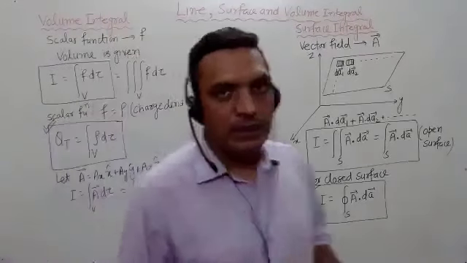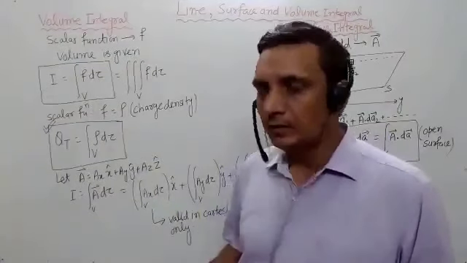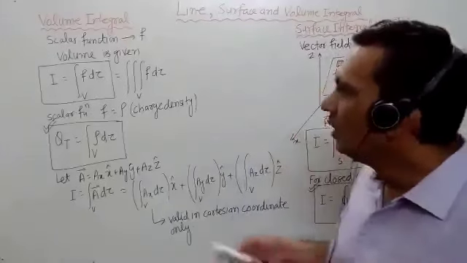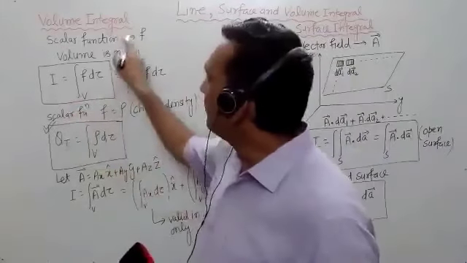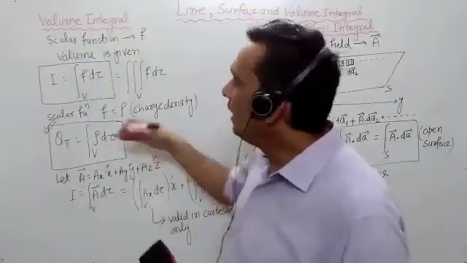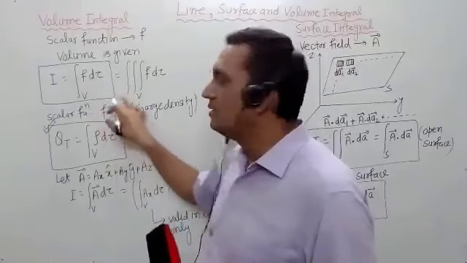So we have defined line integral, surface integral and volume integral. Yes? Sir, can you explain again the charge density? I have taken one example. Here I have taken the general case that you have any scalar function f. Let's take in electrostatics that the scalar function is a charge density.